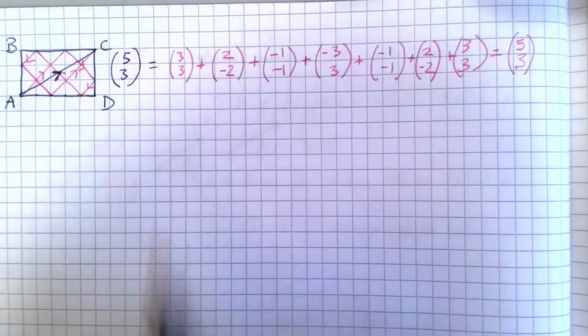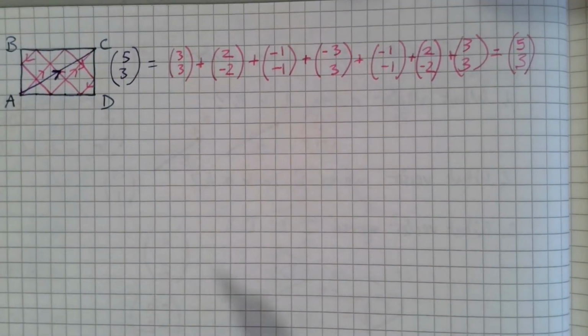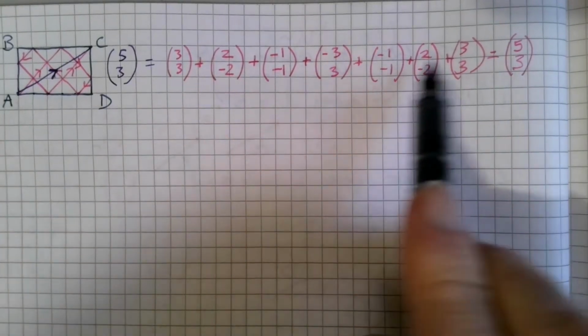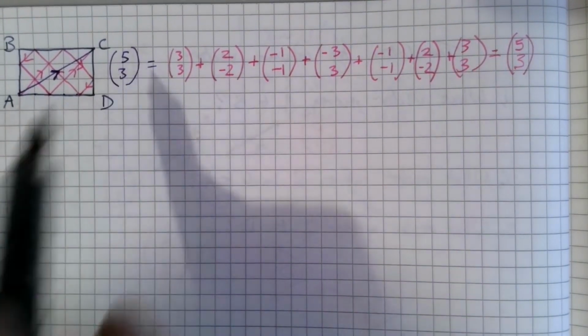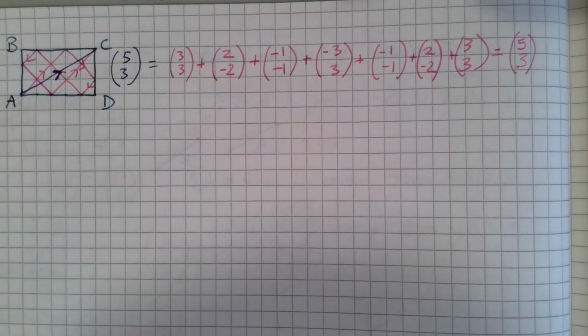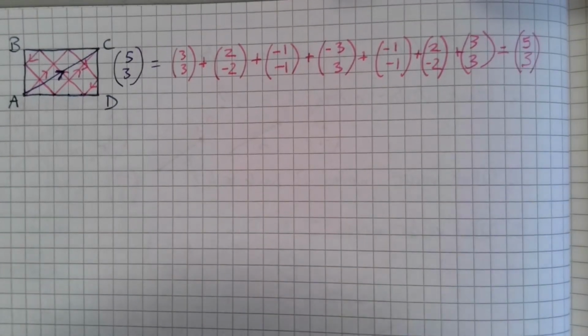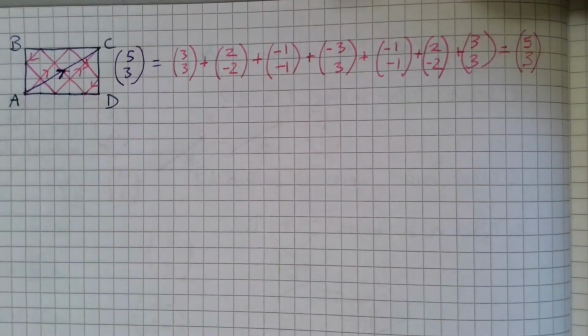So what that's actually doing by doing this is simplifying our whole journey. Our real journey was doing that, but in effect I've gone 5 to the right and up 3. So hopefully that shows you a little bit of the point of adding vectors and taking them as well.